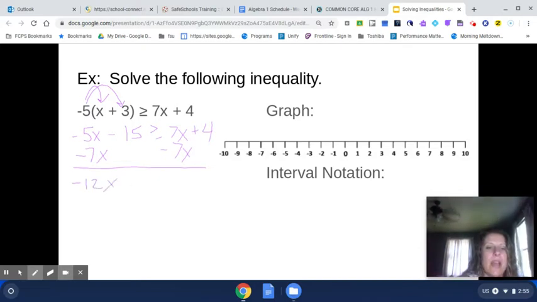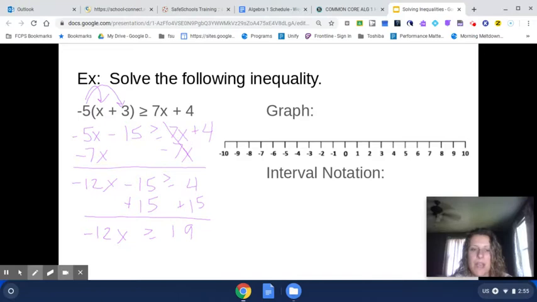I'm going to pull down the -15 is greater than or equal to 7x minus 7x is 0, so those cancel, and we just have the 4 left over on the right. Right, I see -15, so I'm going to add 15 to both sides. So here I get -12x is greater than or equal to 19.